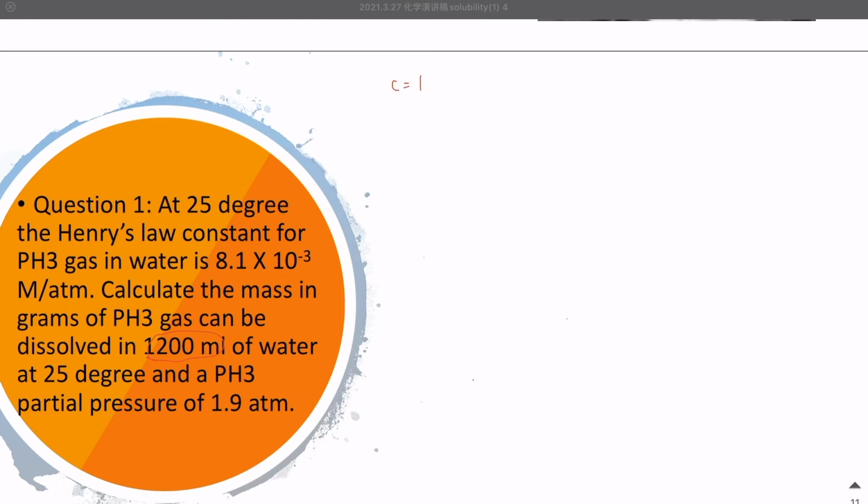C equals K times P. From here, we know K, the constant, is 8.1 times 10 to the negative 3 molar per atmosphere, and the pressure is 1.9 atmosphere. We can calculate the C first. C equals 8.1 times 10 to the negative 3 molar per atmosphere times 1.9 atmosphere. We get C is 0.01539 molar.